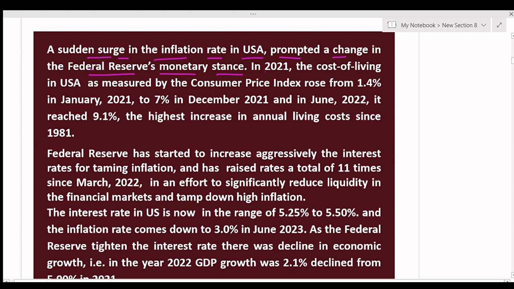In 2021, the cost of living in the USA as measured by the Consumer Price Index rose from 1.4% in January 2021 to 7% in December 2021, and in June 2022 it reached 9.1%, the highest increase in annual living cost since 1981.